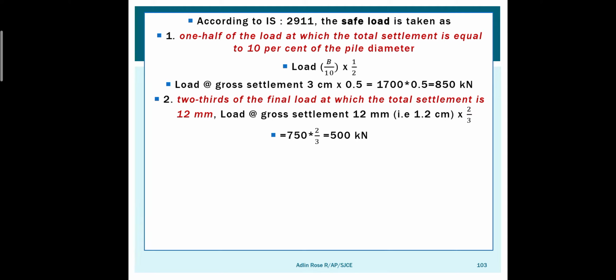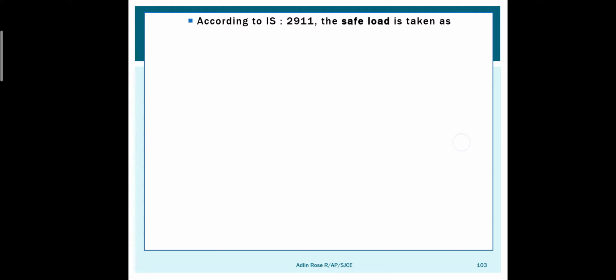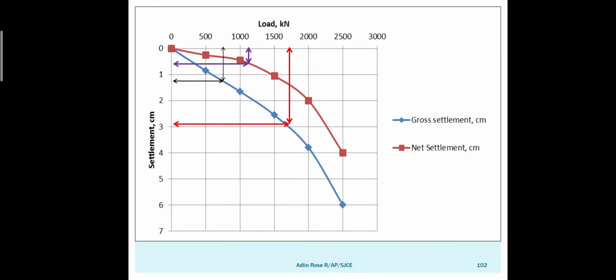So multiply 750 by 2 by 3, so you get 500 kilonewton, and this is going to be allowable load 1. Second, we find by another method, allowable load 2. In the same graph, the 1.2 centimeter, which is 12 mm, the corresponding load in the gross settlement curve is taken and multiplied by 2 by 3.